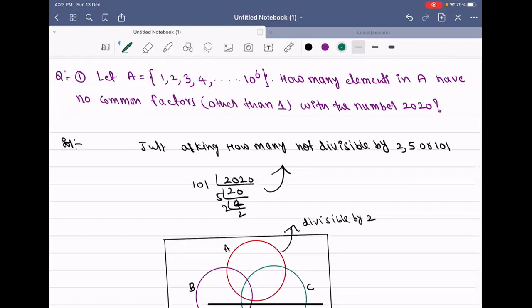Then how many elements in A have no common factor other than 1 with the number 2020? This 2020 was asked in the exam this very year, that is why the number 2020 is given. So let A be 1, 2, 3, 4, and so on, up to 10 power 6. How many elements in A have no common factor other than 1 with the number 2020? What does that mean?